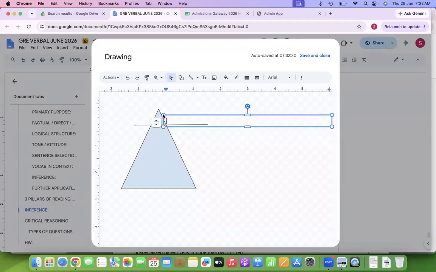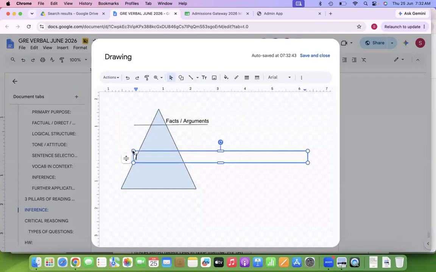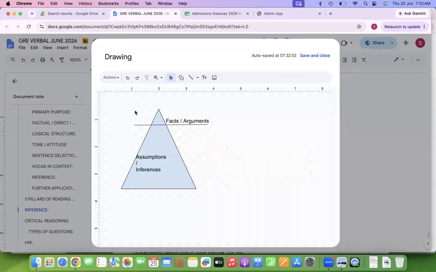So, what is above the water are facts and arguments which are stated and visible. But what is below the water, something that is not directly visible, are the assumptions of the author and by extension, the inferences of the reader, because they're both necessarily true, though unstated.